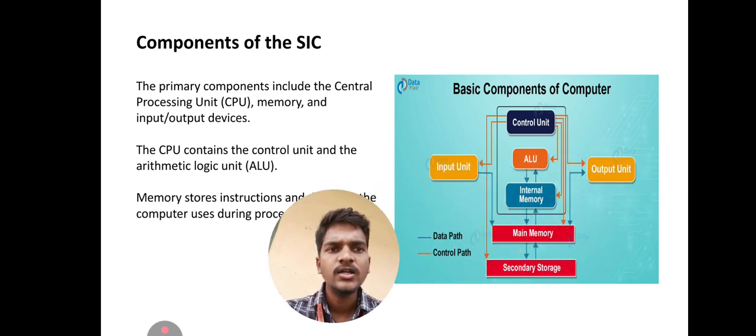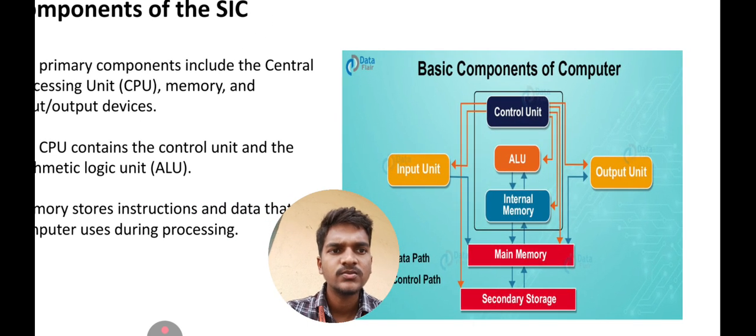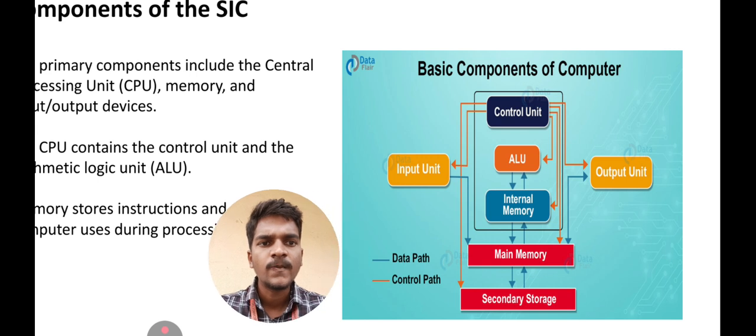Here are some of the basic components of the computer: the CPU and input. The input given by the user will be processed by the control unit. First it goes to the control unit, and the control unit controls how the data should go, where it wants to go, either to the arithmetic logic unit or elsewhere.